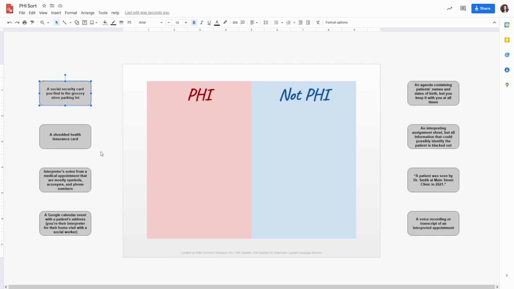So if you find a social security card in a clinic waiting room, for instance, on the floor in a medical facility's hallway, for instance, that would be considered PHI because you're like, okay, how did that social security card get there? Probably because that person was there in that facility. But if you find it in the grocery store parking lot, not PHI.